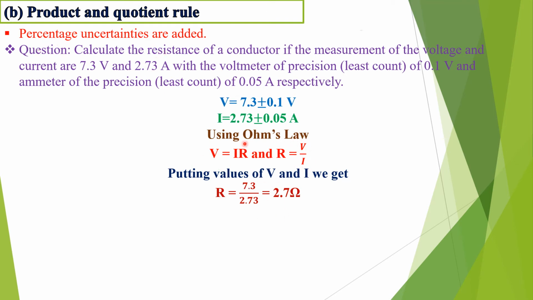Here R is equal to V divided by I. So V is divided by I, and due to this, we apply the product and quotient rule.